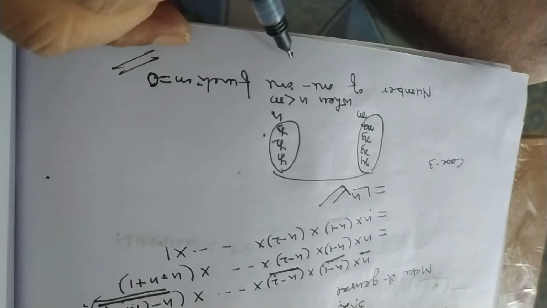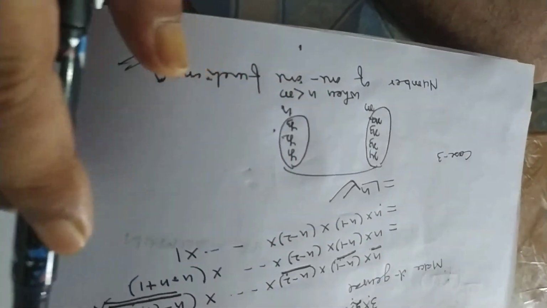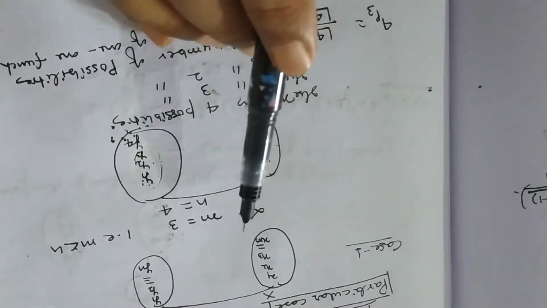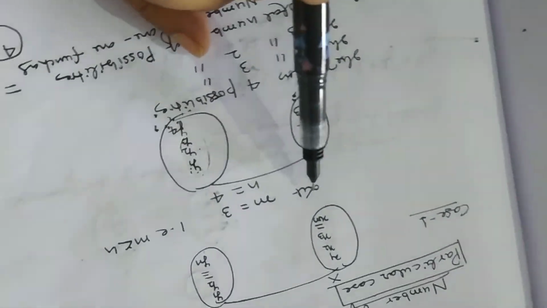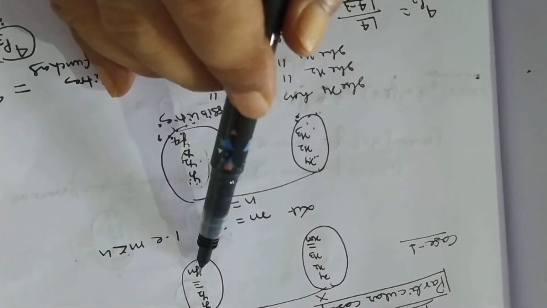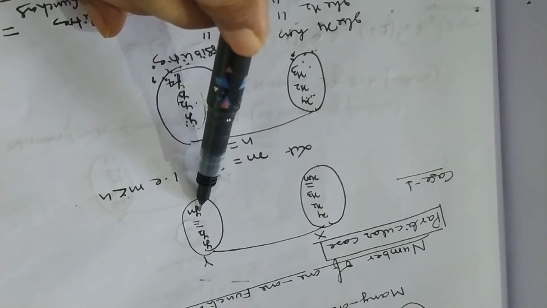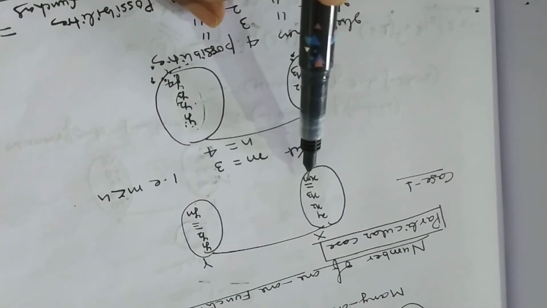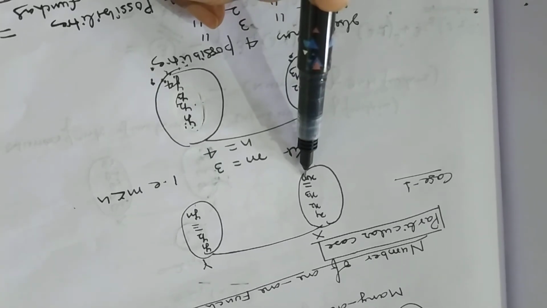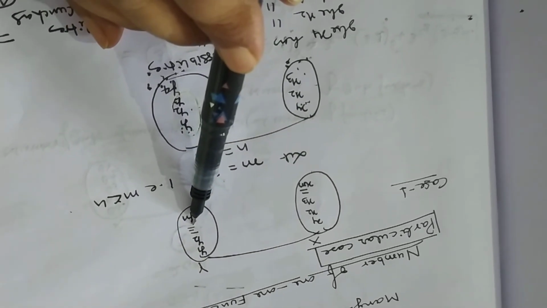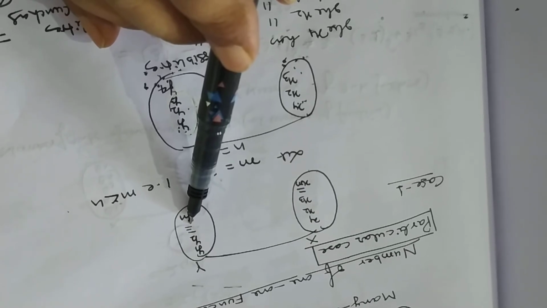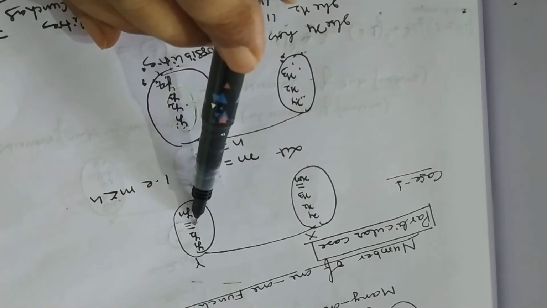How is it 0? Suppose there are 4 elements here and 3 elements here. Or suppose there are 5 elements here and 3 elements here. So you will not get a one-one function, because some elements will not have distinct images.